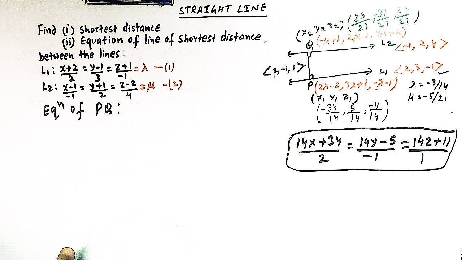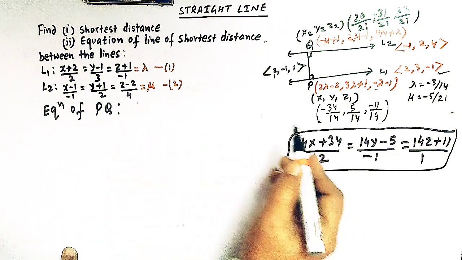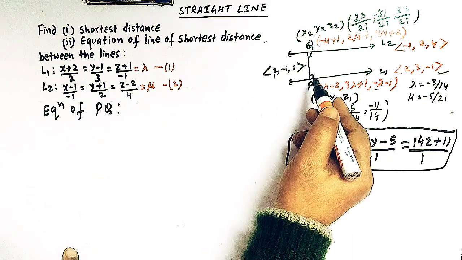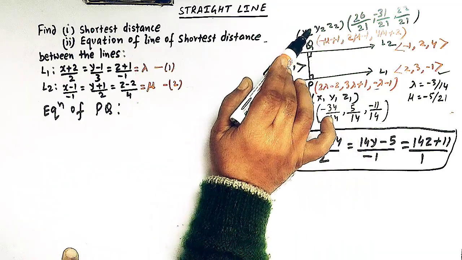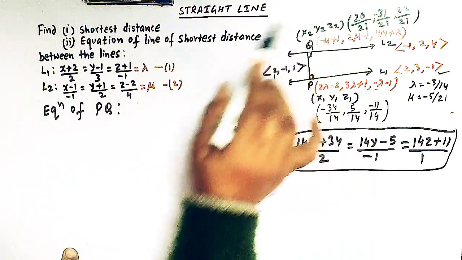So here it is interesting to note that we can also find the equation of the line of shortest distance PQ by using the coordinates x2, y2, z2.